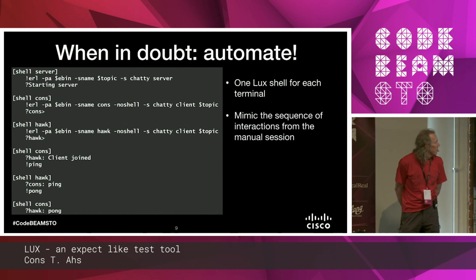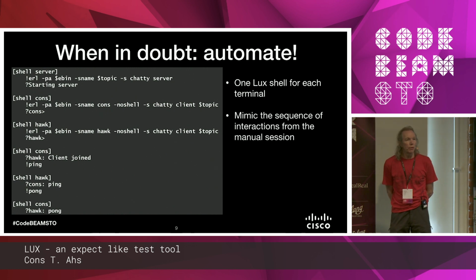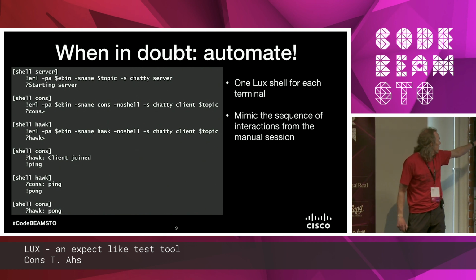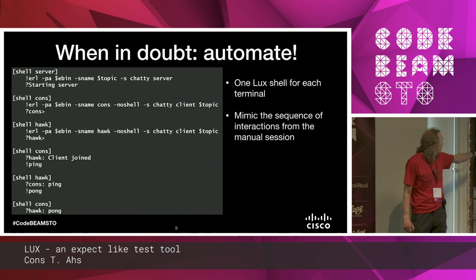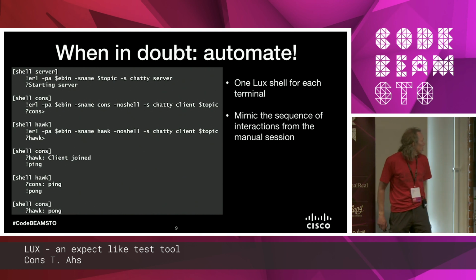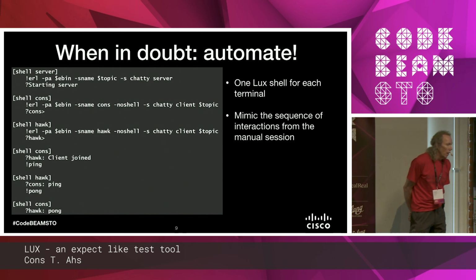And then we just mimic the sequence of interactions we had in the manual session. Start the server, start the clients, send some input, wait for seeing that the second client joined, and then we send a ping. And the second client waits for seeing the ping and then responds with a pong. Right, cool.